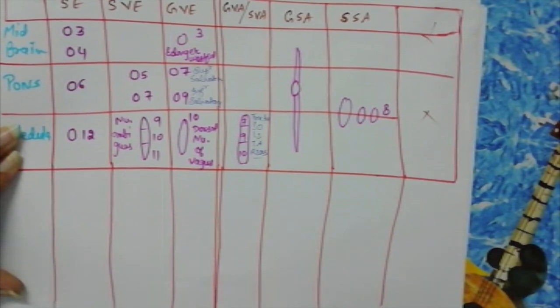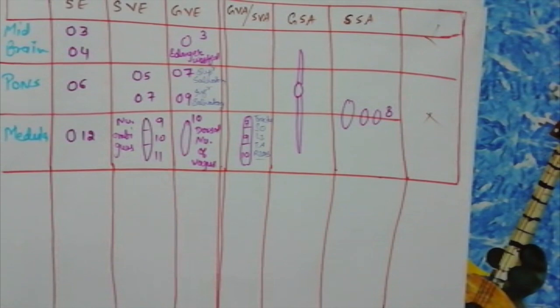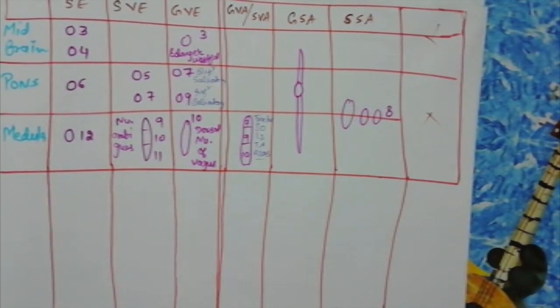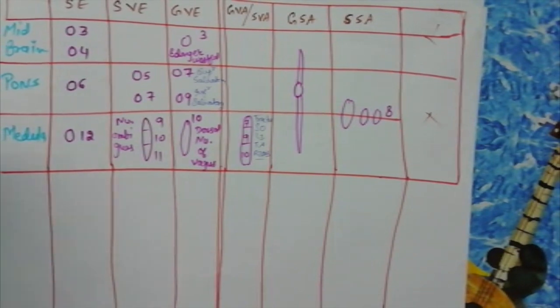In this table we will discuss the supply. So these functional components innervate which part or which type of fibers they carry.